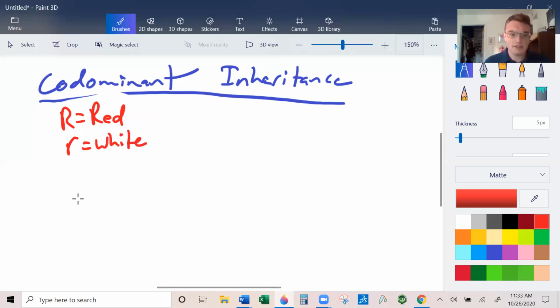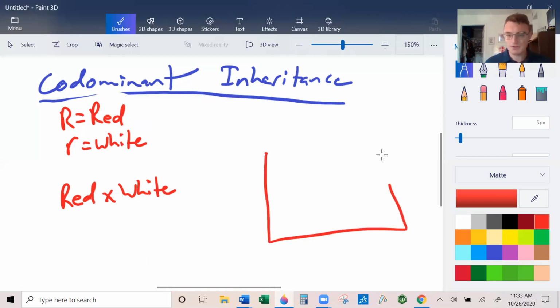Let's say I cross a red parent with a white parent. When we say cross, again, just a reminder, that means they're just married to each other and they're having fun together. So if we draw out a Punnett square, it's going to look exactly like we did before.